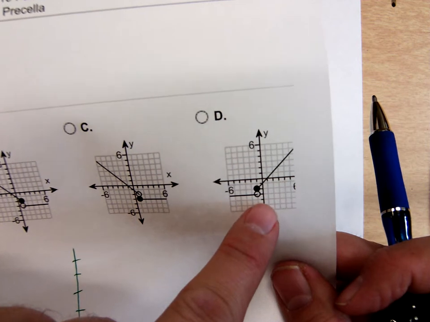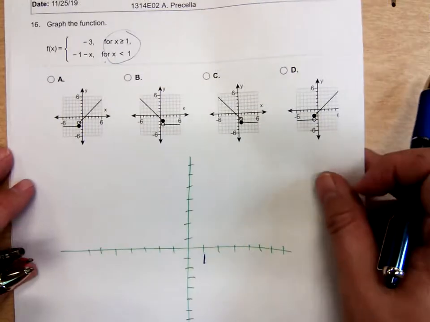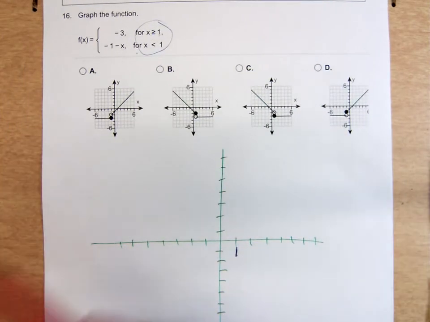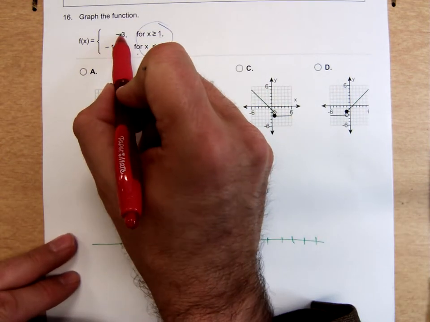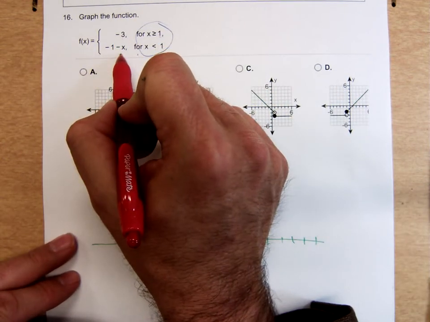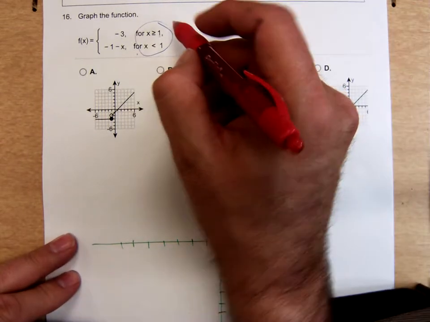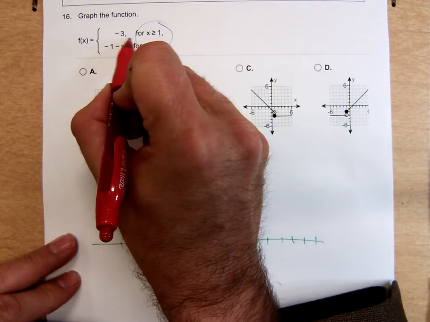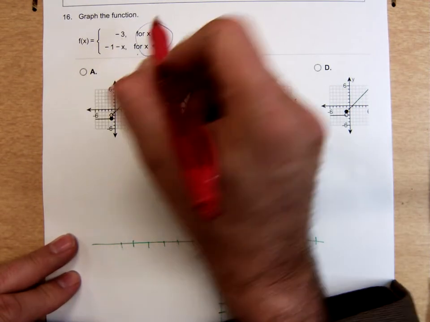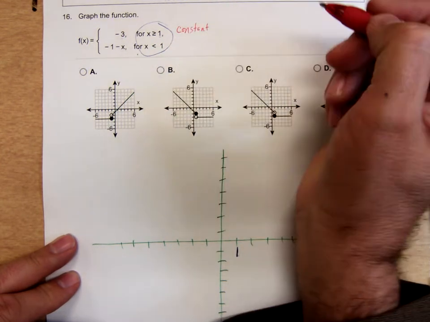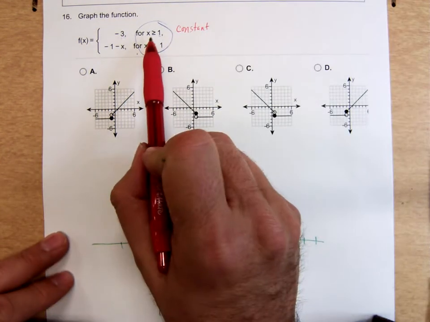And when we did these in class, or if you watch the videos, I'd give each piece a different color. So if you want to call this the red one and that the blue one, fine. But this one's a constant function. Since there's not any x's, that's a constant function. And it would be where? To the right of 1 or to the left of 1?